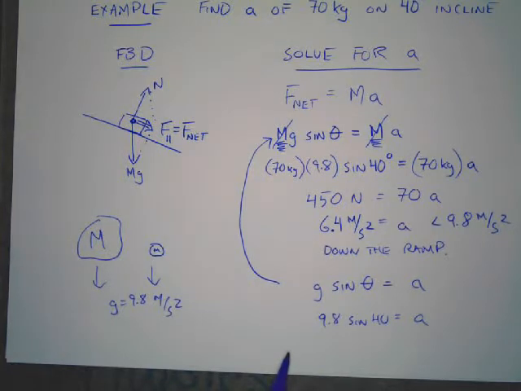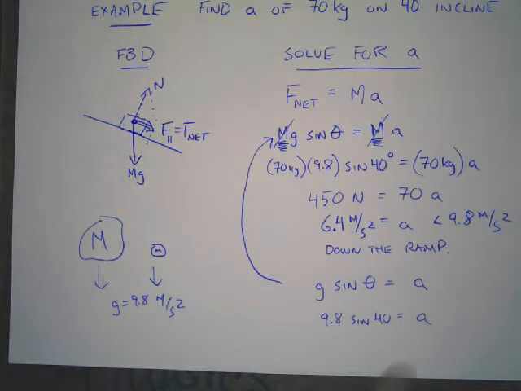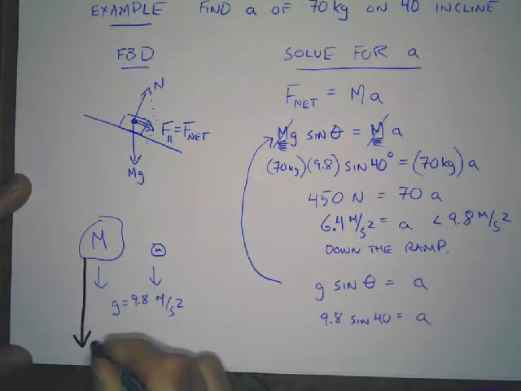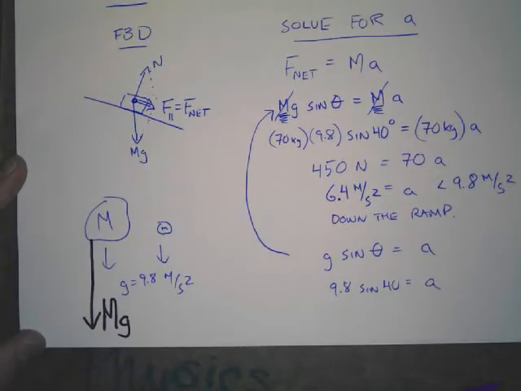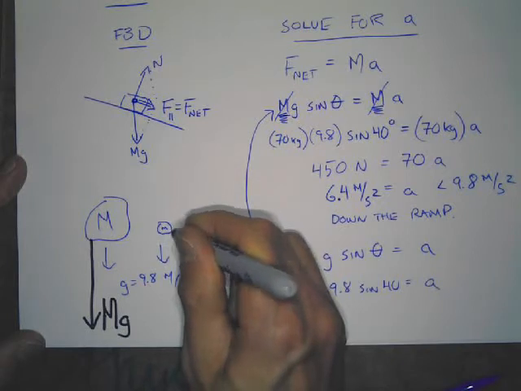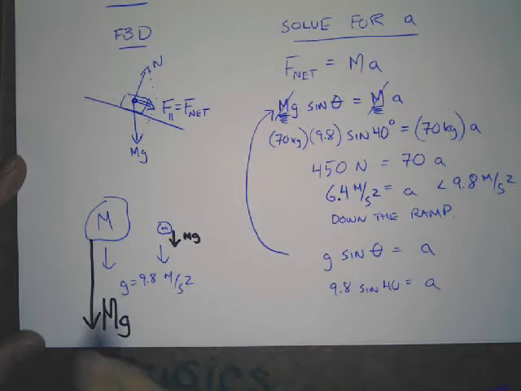If you're bothered by that, you can think of it this way. This mass right here, of course, has a very big weight, because it's a big rock. And this mass right here has a relatively small weight.